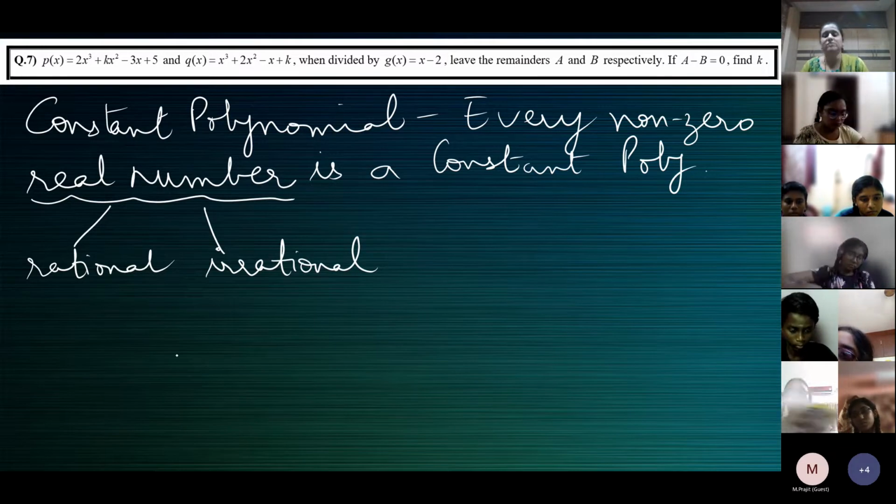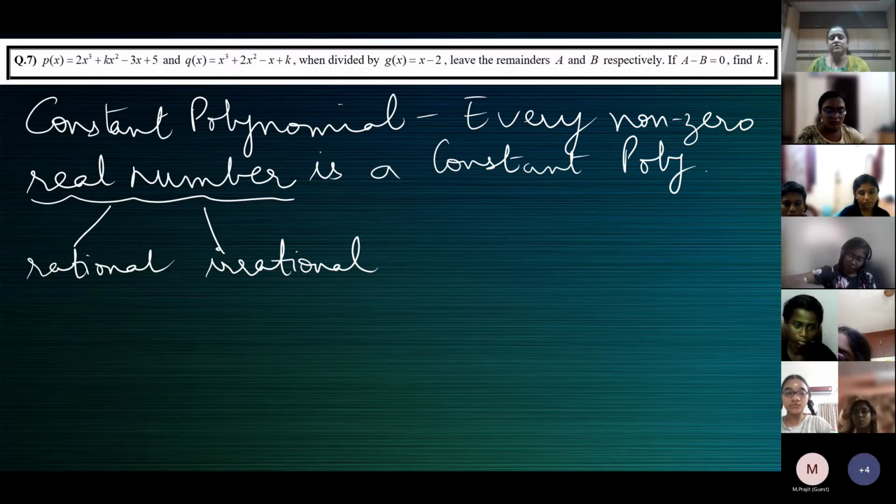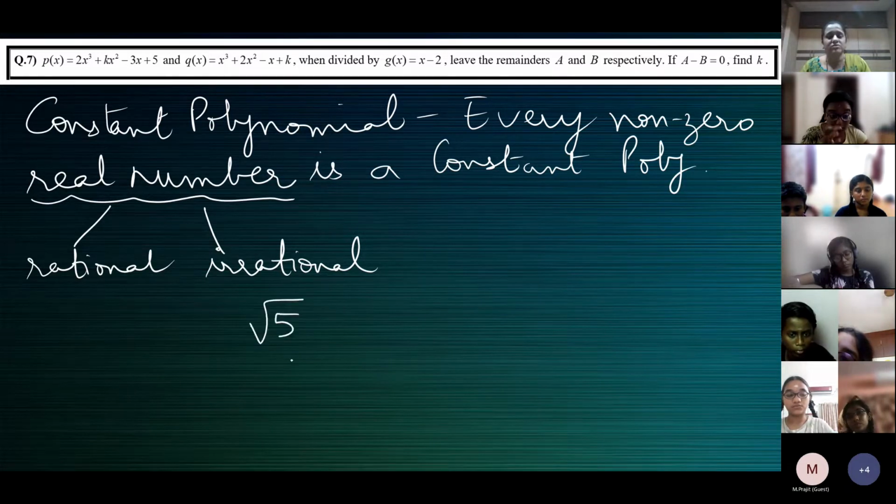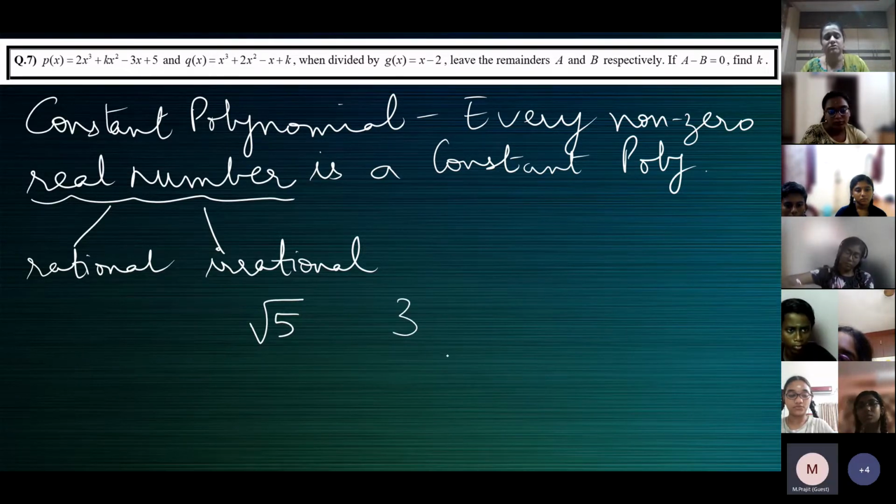So a constant polynomial is every non-zero real number, other than zero, every rational and irrational. Got that? So, say, root 5 is a constant polynomial. 3 is a constant polynomial. Minus 5 is a constant polynomial.